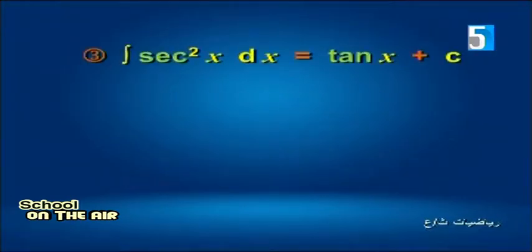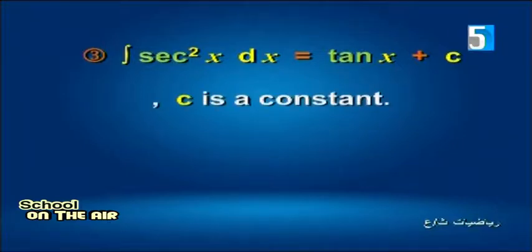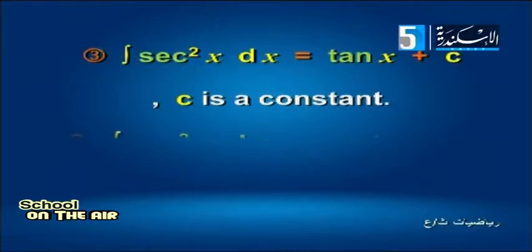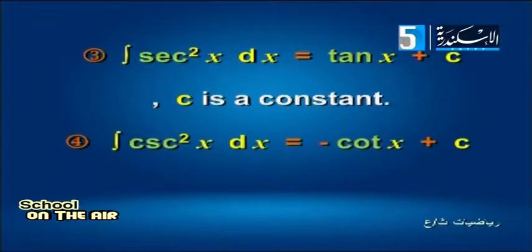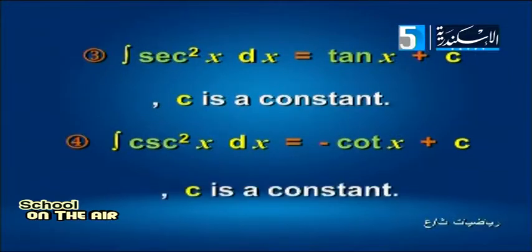Now integration sec power 2 x dx equals tan x plus c, where c is a constant, and integration cosec power 2x dx equals negative cotan x plus c, where c is a constant.